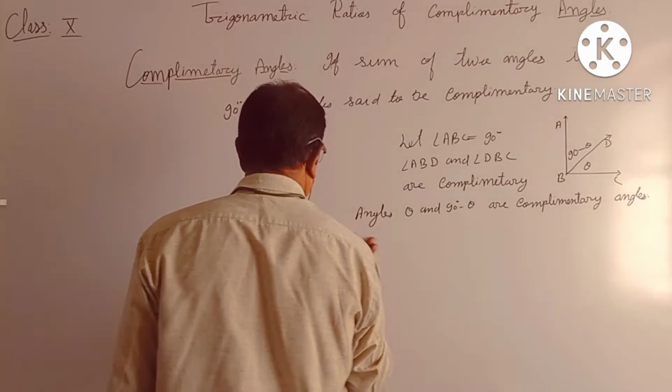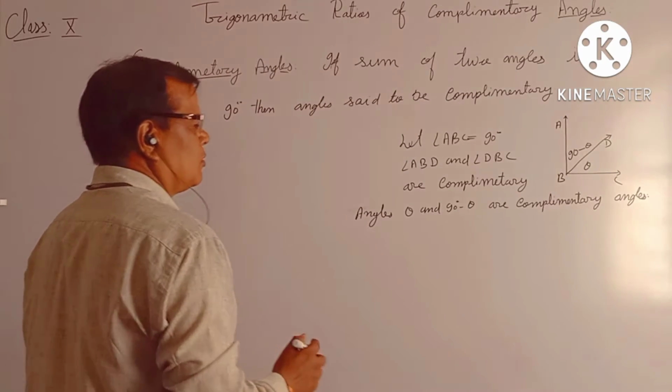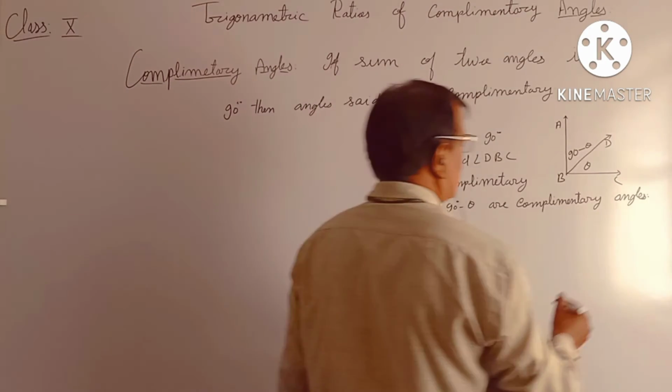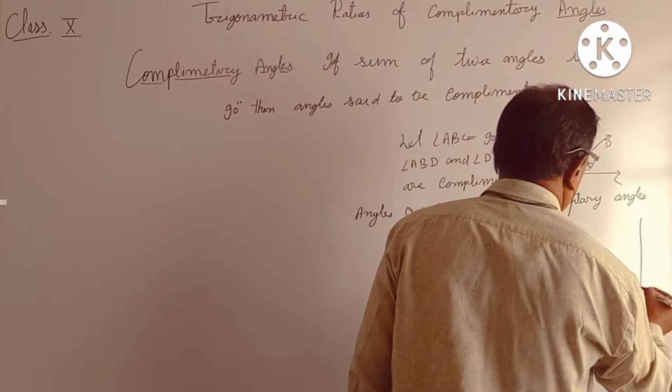Now I am going to explain some ratios. As we know, ABC is a right angle triangle.